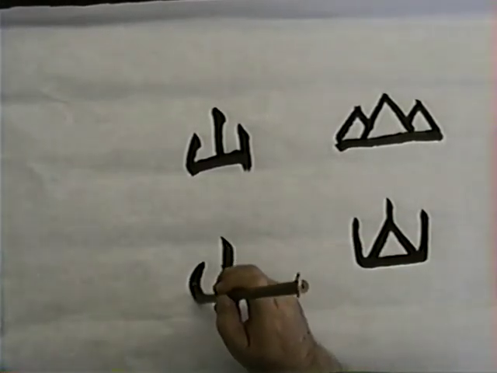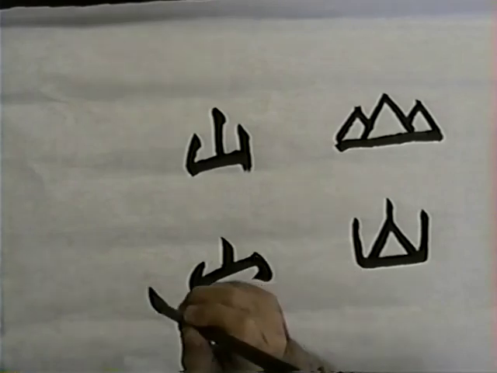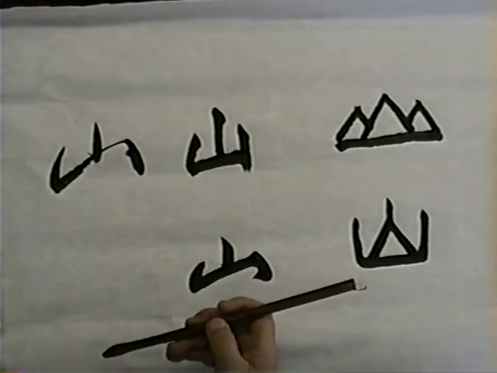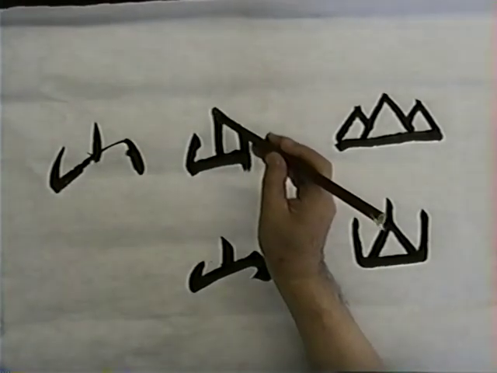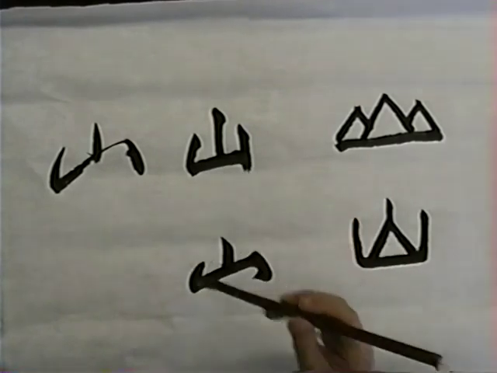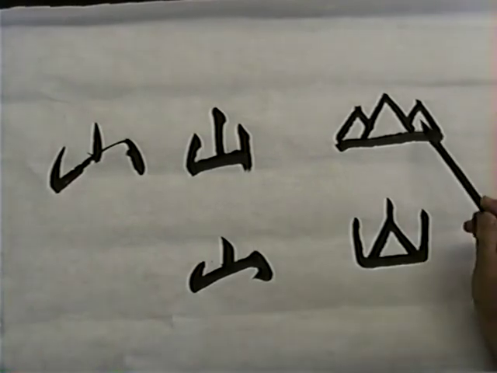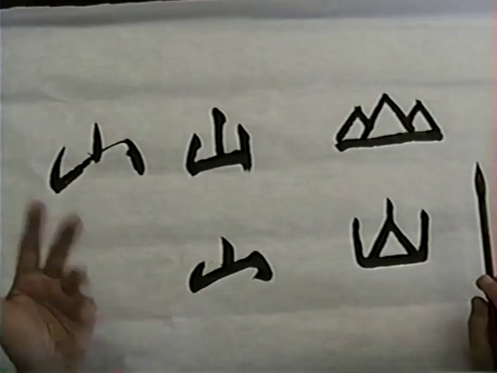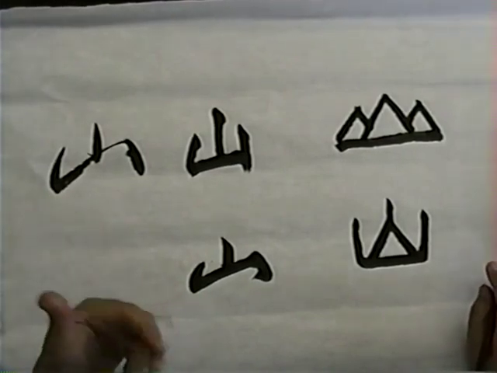Okay, if I move faster, still mountain. Now if I move even faster, still mountain. You see here, the same kind of idea from this to today. Actually today the modern people like to move faster, everything quick.